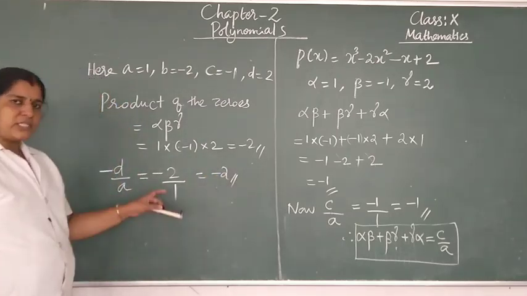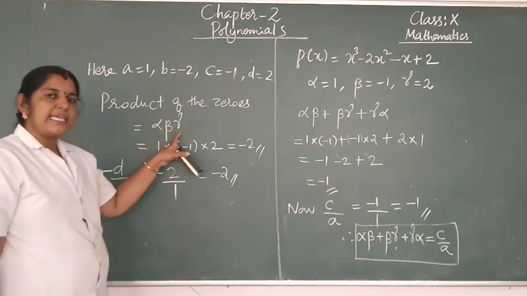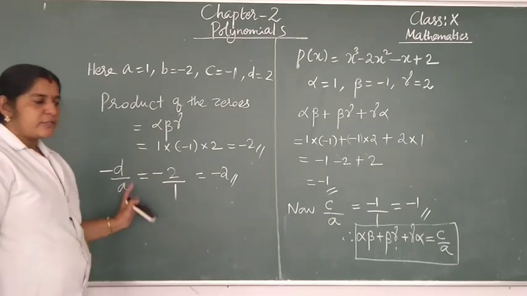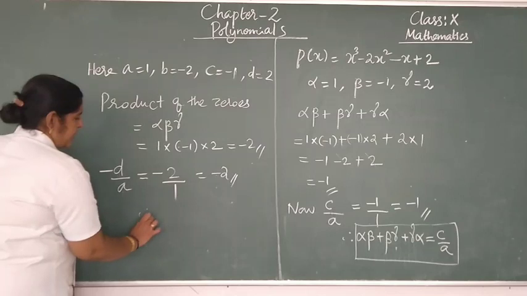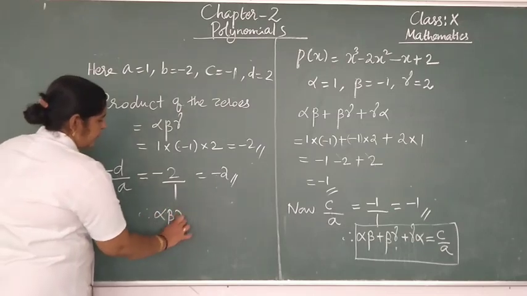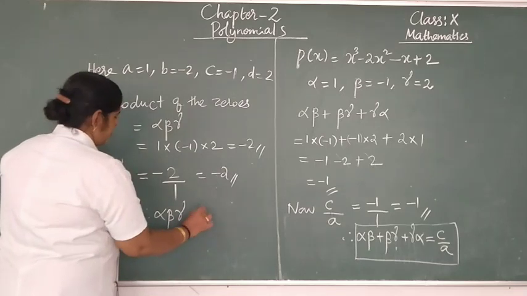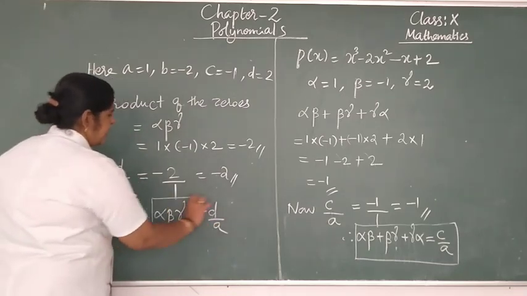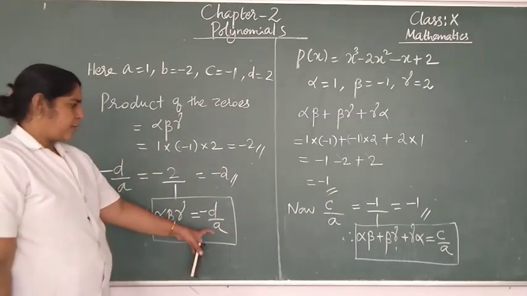So what did you understand from this? The product of the zeros is equal to the value of minus d by a. So thus we can write the relation: the product of the zeros of a cubic polynomial, alpha, beta, gamma, is equal to minus d by a. So that is the third relation between the zeros and coefficients.